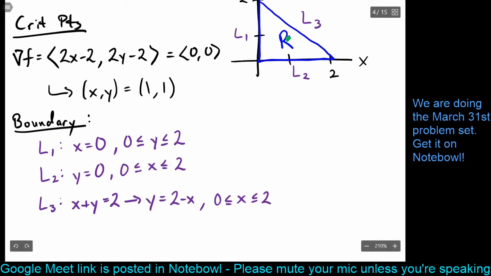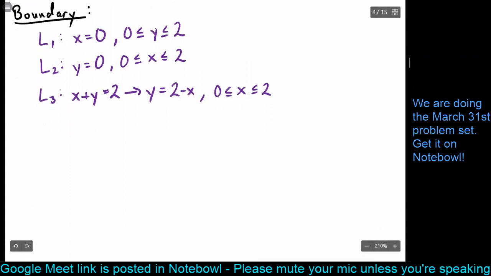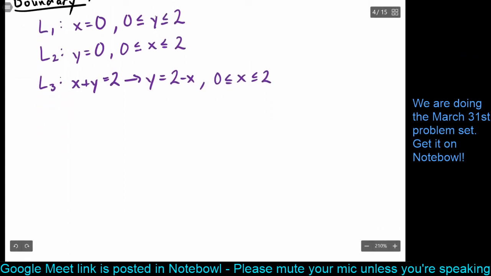All right, so now that we have equations for the boundary, we want to plug each of these 3 into the function and search for critical points. So on L1, we have f of 0, y.